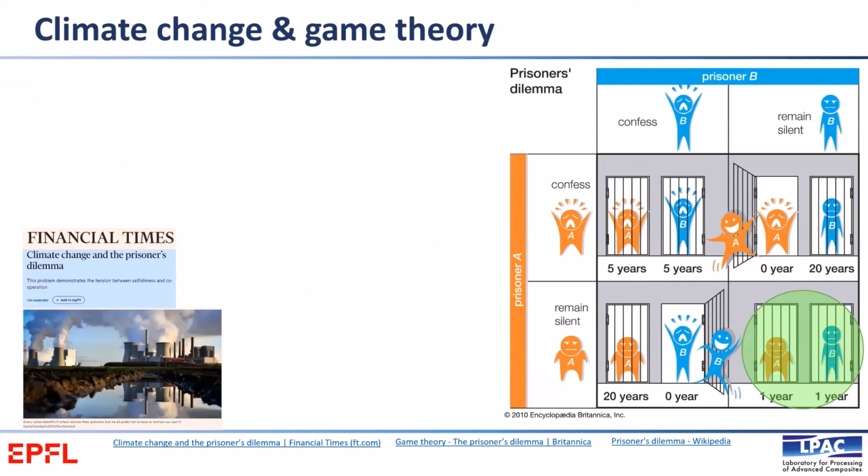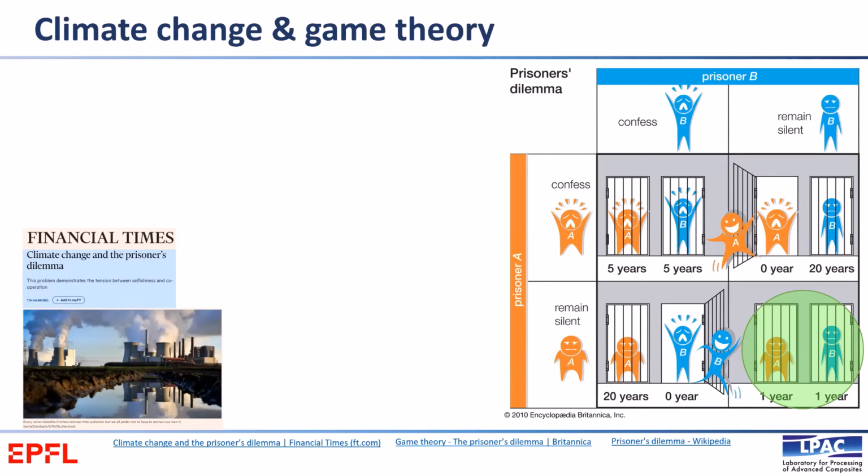And one way that some people look at this is to use game theory, the prisoner's dilemma. Okay, how many of you have heard of the prisoner's dilemma? Yeah, quite a few of you. Okay, so this can be related to the tension between selfishness and cooperation. So the best way to have the minimum impact is for two people to remain silent. Then they both stay in for 1 year.